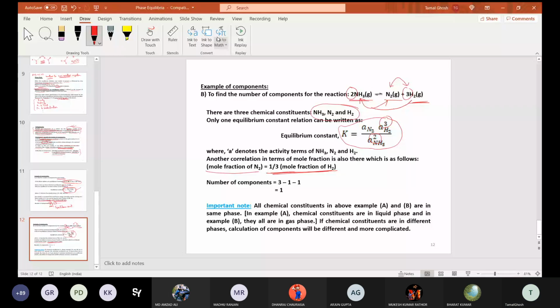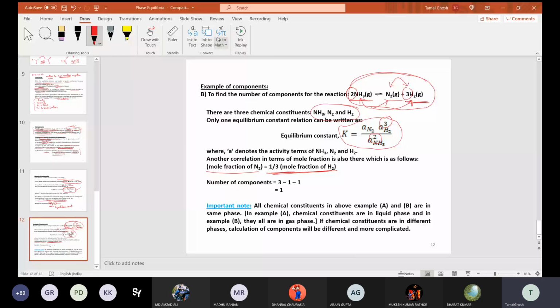So these mole fraction correlations can be written in 3 ways, but whichever way it is written, it comes from the same equilibrium, ammonia to nitrogen plus hydrogen.